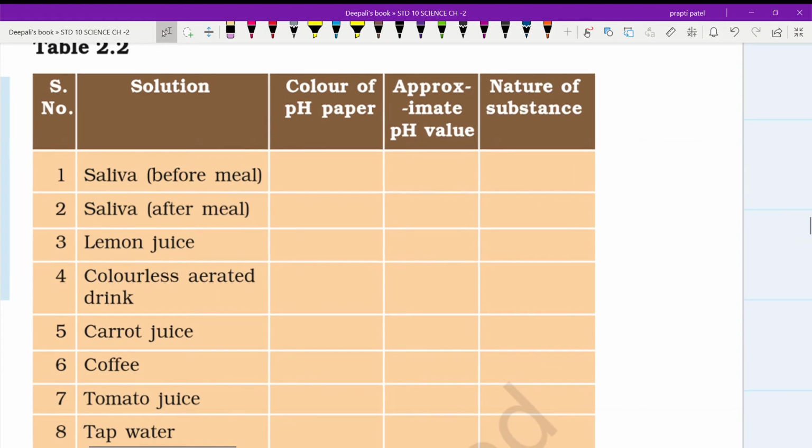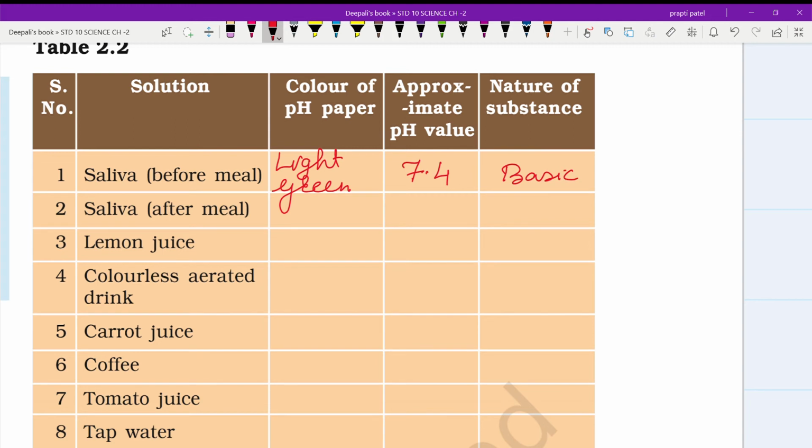Saliva before a meal will give a light green color and the pH is approximately 7.4, which means it is basic.